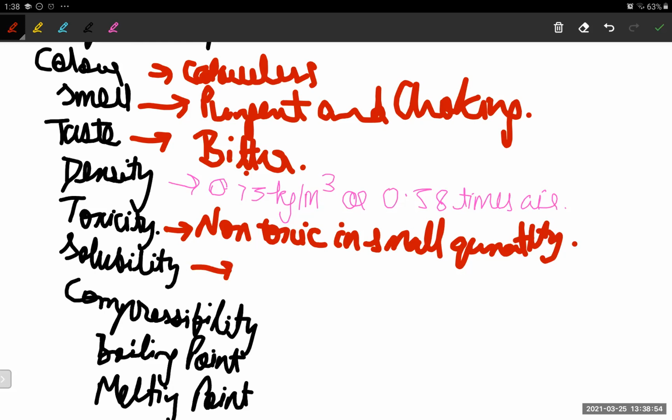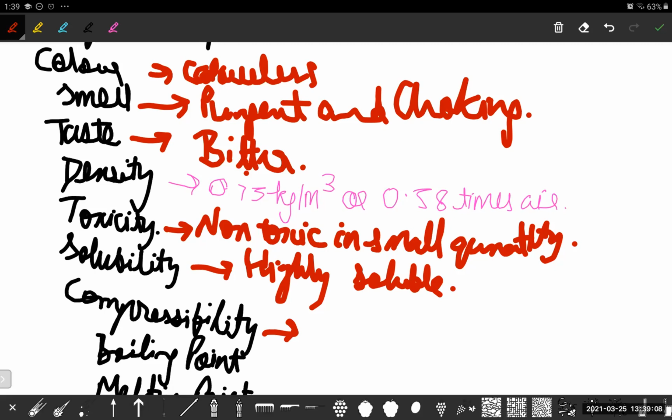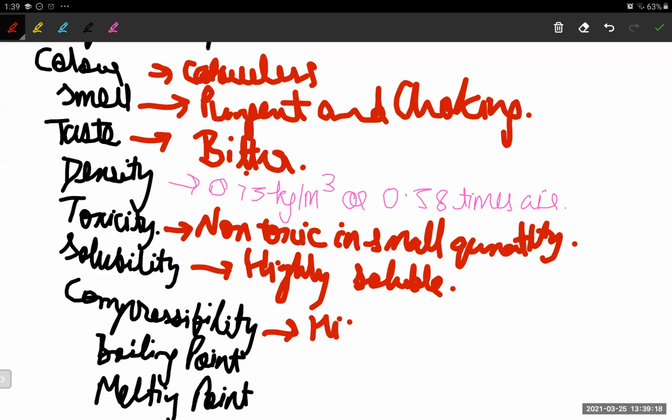Next, solubility. We are talking about the solubility in water. Every time we hear the word solubility, it means solubility in water. Highly soluble in water. Solubility test has come now. You all must be knowing what the solubility test was. Yes, the same thing. Now, next, compressibility. It's highly compressible.